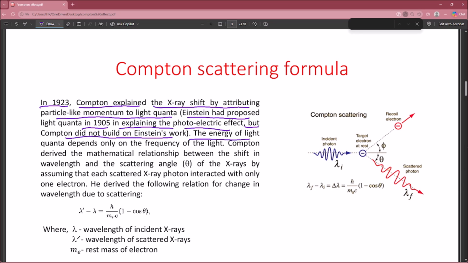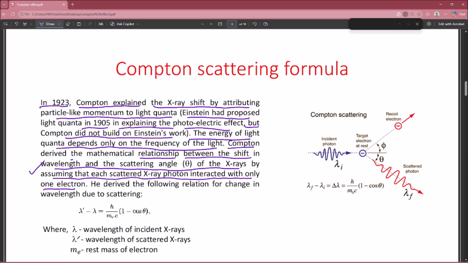The energy of the light quanta depends only on the frequency of the light. Compton derived the mathematical relationship between the shift in the wavelength and the scattering angle theta of the X-ray, assuming that each scattered X-ray photon interacted with only one electron.